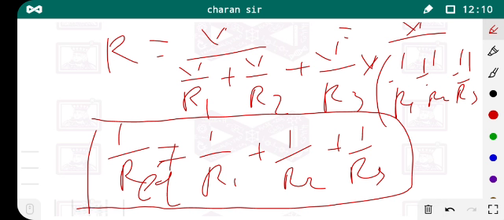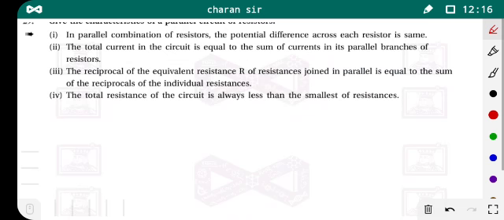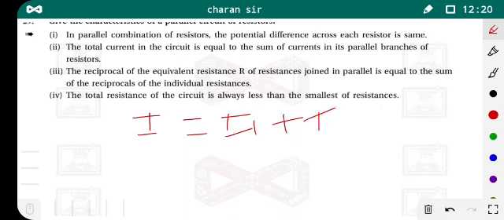So from this activity we have three equations for current, voltage and resistance. The current in parallel combination is given by the summation of the individual currents I1, I2 and I3.